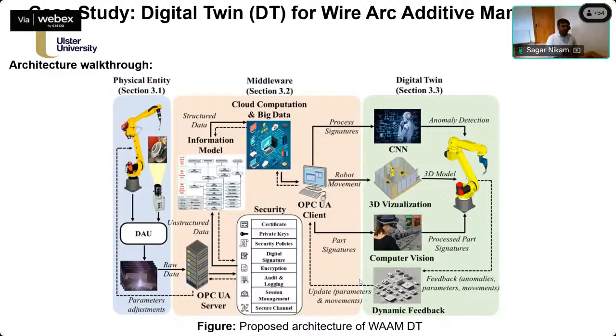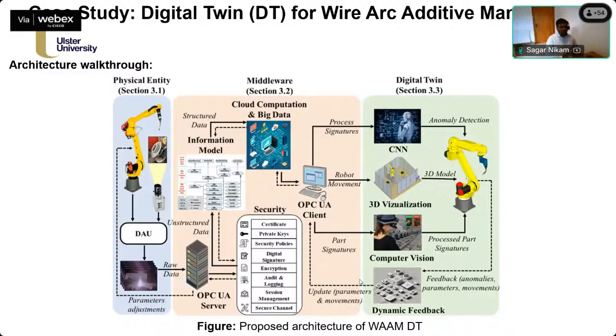The data coming from the physical entity could be structured and unstructured. The middle layer has to manage this type of information, whether structured or unstructured, and it has to be given in the proper way. All this information is stored in cloud computing and big data storage, and a strong security framework has to be included.